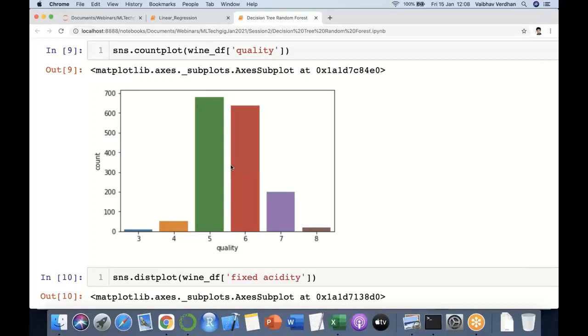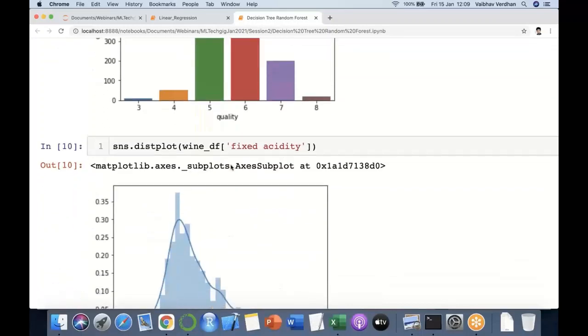Now this example for decision trees and random forest is a classification problem I'm showing to you. I know that we will be discussing classification problems in the next session, but I wanted to show to you the EDA that you can do for your models, for your data sets.